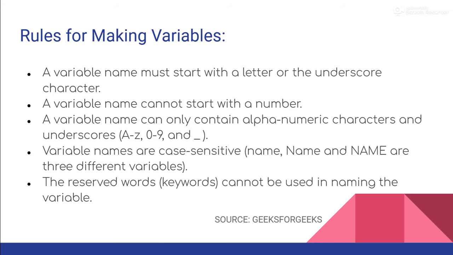Okay, the percent sign is not an alphanumeric character. Alphanumeric means that the character has to be either an alphabet or a number, and percent sign is neither of them, so it's not alphanumeric.